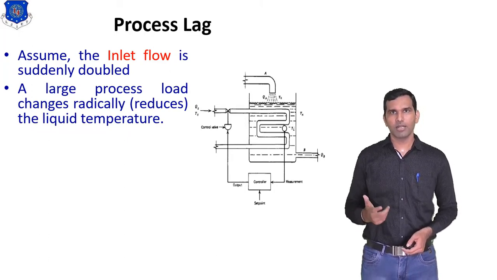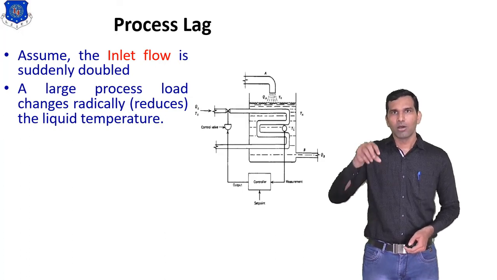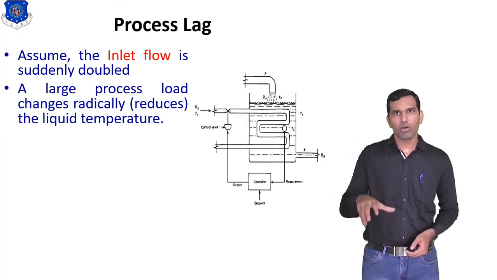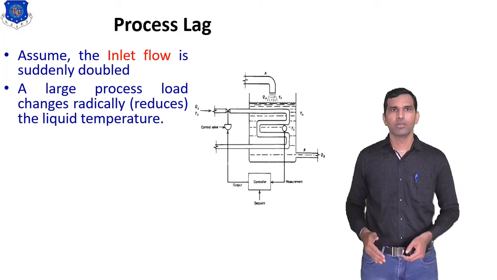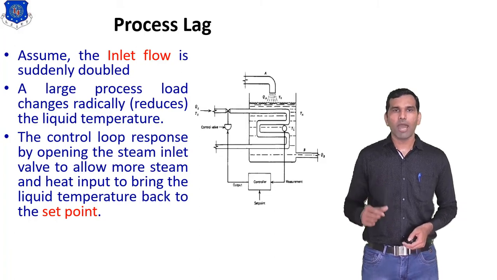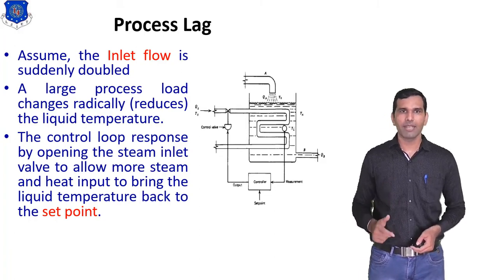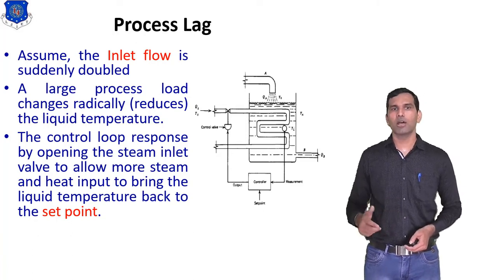That means if we suddenly increase the inlet flow, the temperature also varies, that is, the temperature is reduced inside this tank. So the control loop responds by opening the steam inlet valve to allow more steam and heat input to bring the liquid temperature back to the set point.